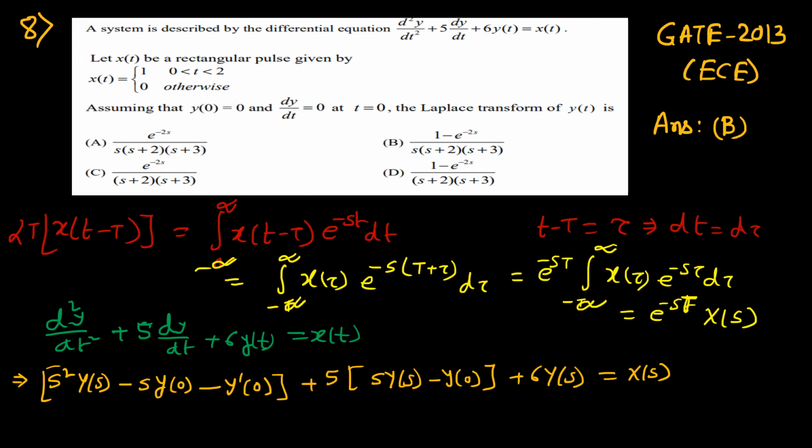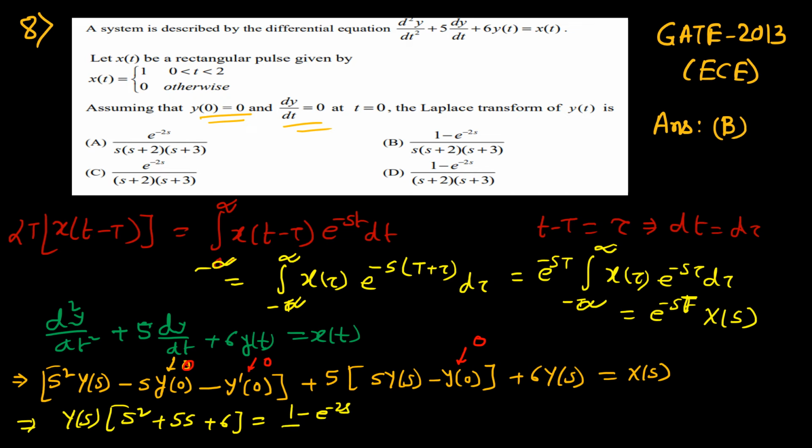Now you have seen that this is 0, this is also 0. So this will become 0, this will become 0. Okay, so we can collect this one: this is Y of s, here it is s square, here it is 5 into s, and here it is 6, and X of s is given, as we have already computed, 1 minus e to the power minus 2s by s.